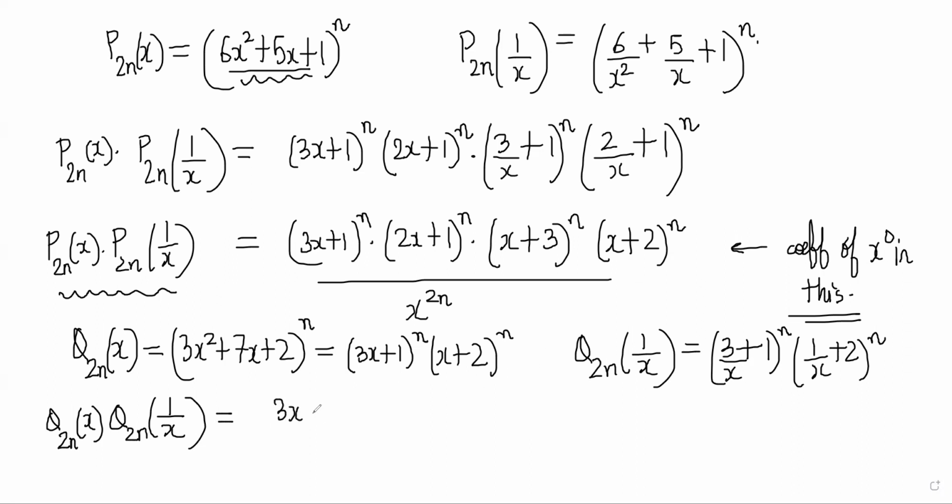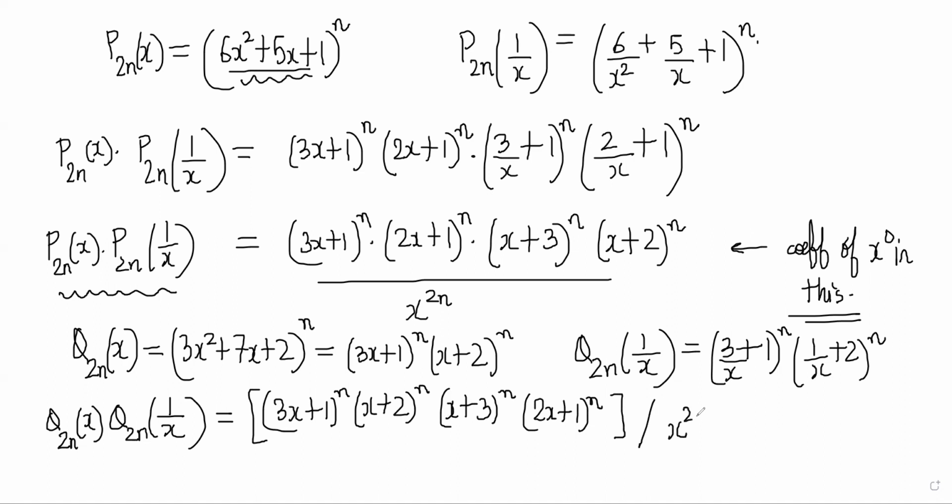If you see, it is (3x plus 1) power n, (x plus 2) power n. Then from here you will get (x plus 3) power n, and from here you will get basically (2x plus 1) power n. And the whole thing is divided by x power 2n.